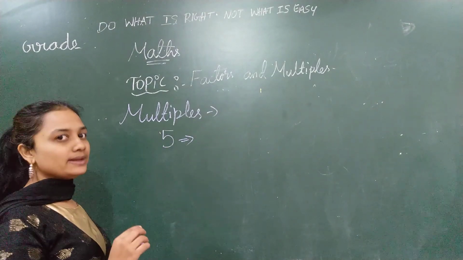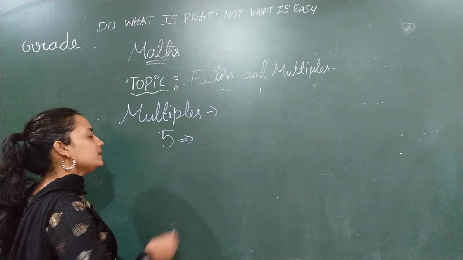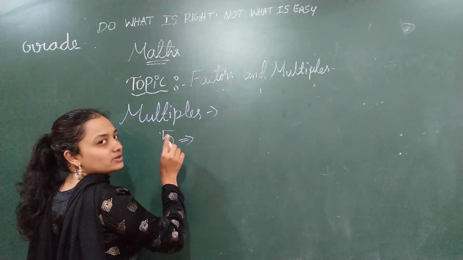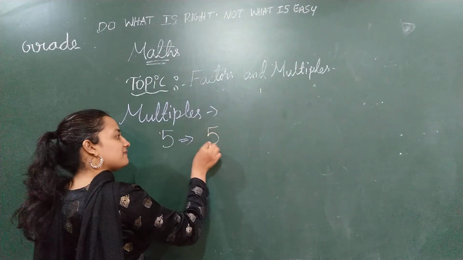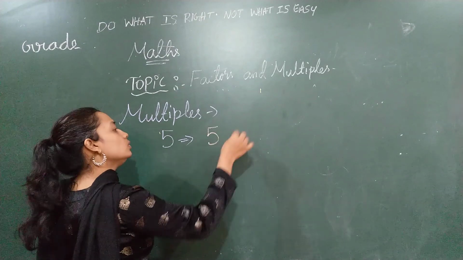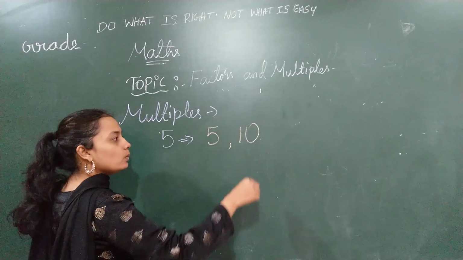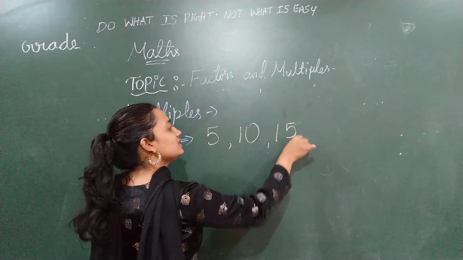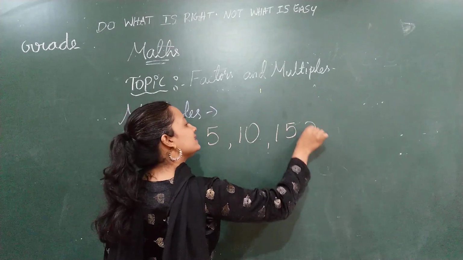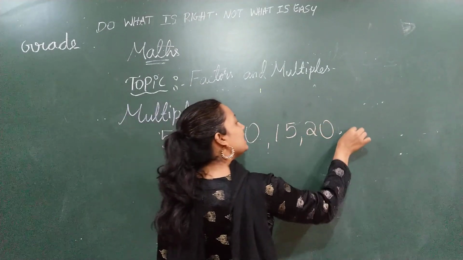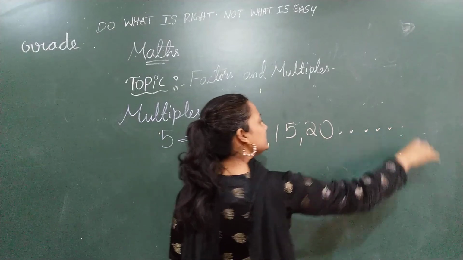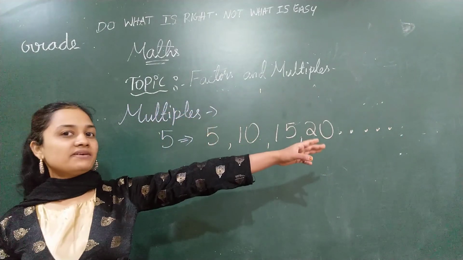I will start with 1. So multiples of 5 are 5 ones are 5. Next with 2, I get 10. With 3, 15. With 4, 20. And I can keep on writing because I don't have an end.